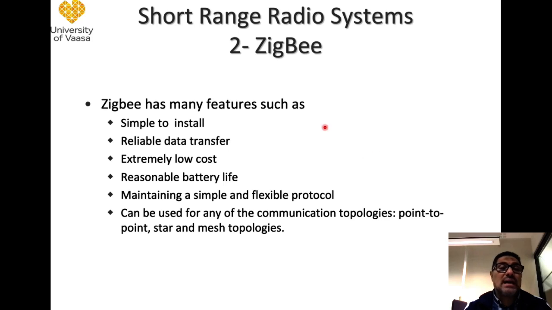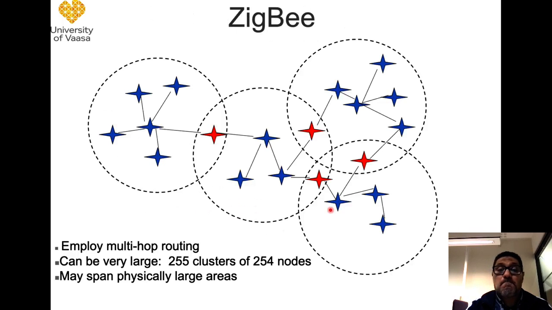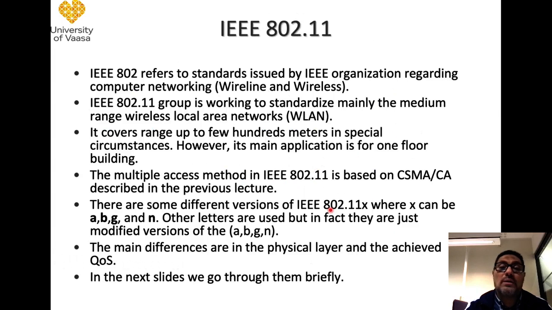Okay, so a few features of Zigbee: it is simple to install, has reliable data transfer, extremely low cost, reasonable battery life, and maintains a simple and flexible protocol, and so on. This is just one figure about how to make the Zigbee mesh network.